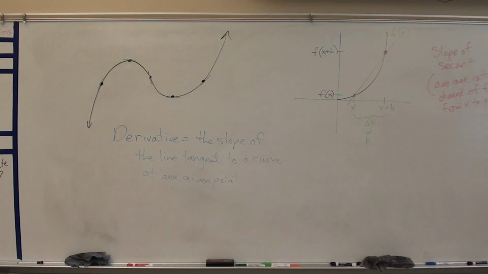So, I want a formula to find the slope of that line. What's slope in general? How do you find slope? Rise over run. And what's another formula for slope? Change in y over change in x. That was beautiful. Change in y over change in x. So for this one, how would we write the change in y? So f of x plus h minus f of x.